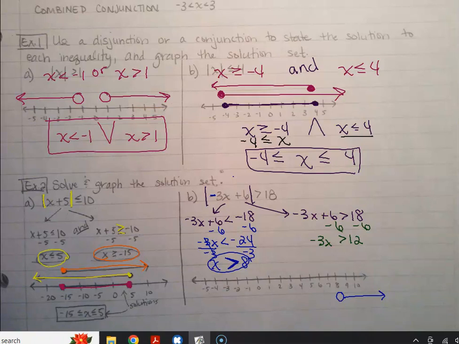What number am I dividing by? Negative 3. What do I need to do when I divide by a negative? Flip my sign. So x is less than, what's 12 divided by negative 3? Negative 4. Okay, perfect. So at negative 4, I'm going to have an open circle, and I'm going to go to the left.